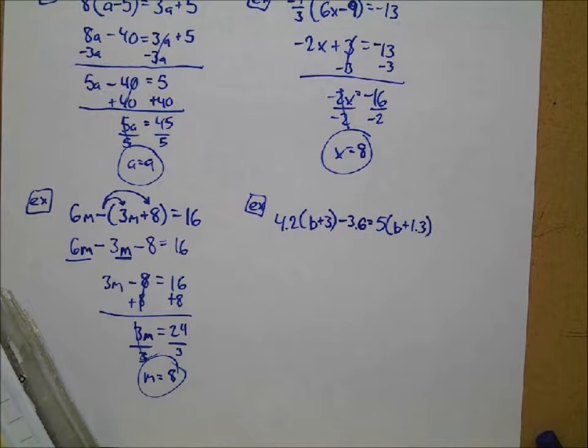Alright, so see if you can move to the next step of that equation using the distributive property to do the distributions. The 4.2 gets distributed to this and to that. That's pretty good.